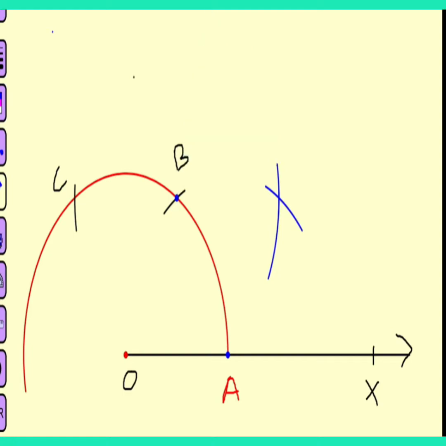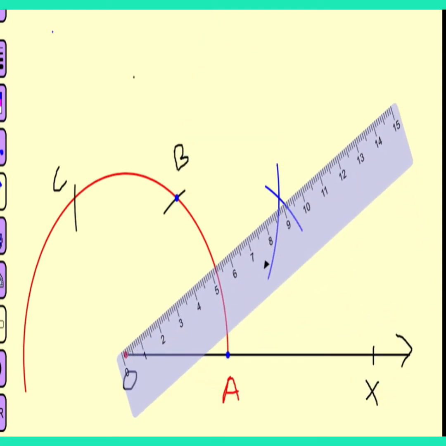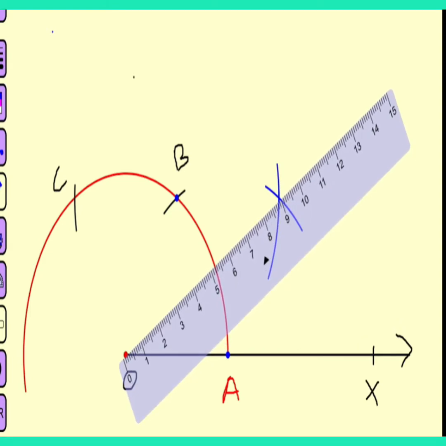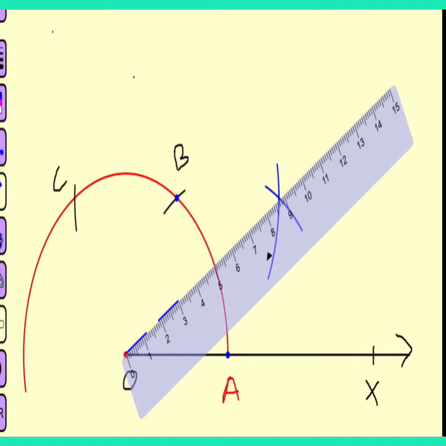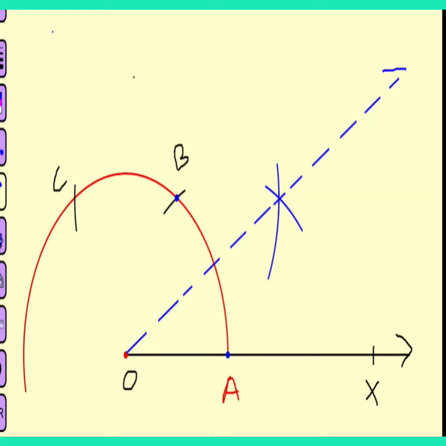Now you will take the ruler and join this point to O. Just you can see like that on the screen. You will draw here a ray. The name of this ray is, you can put Y.